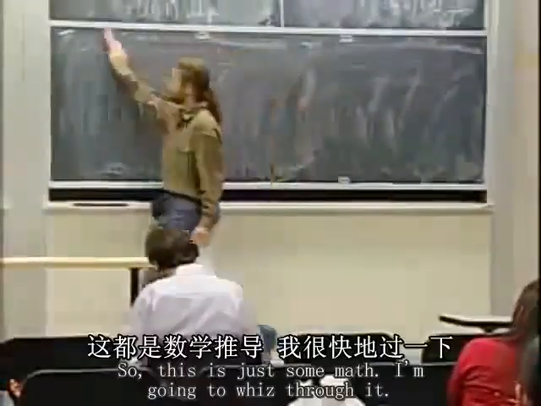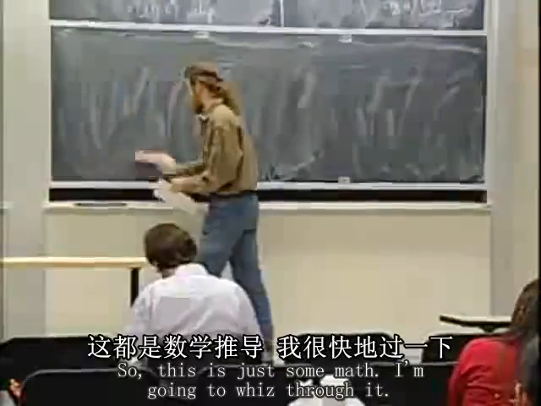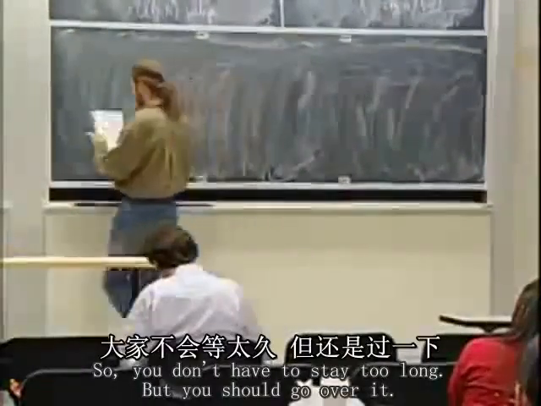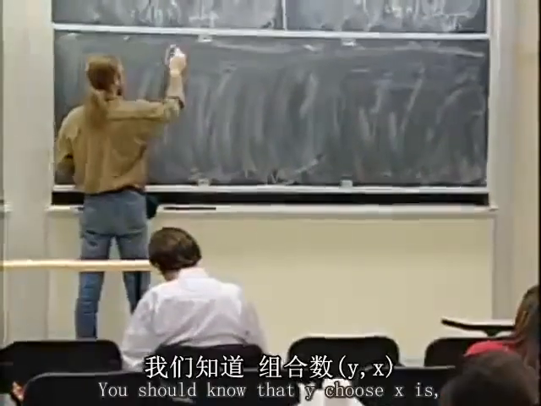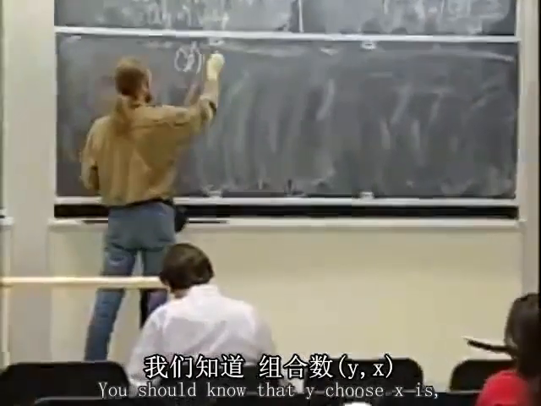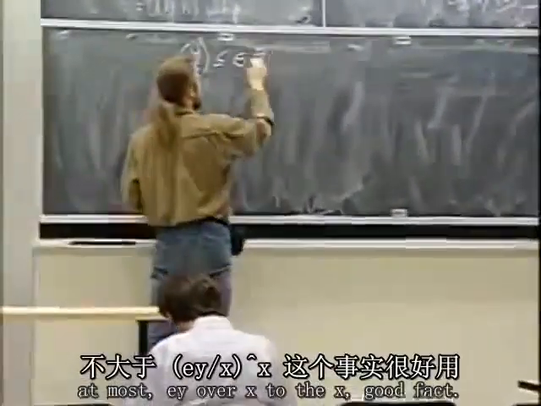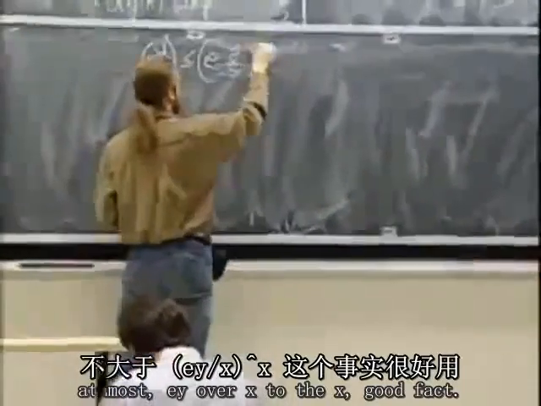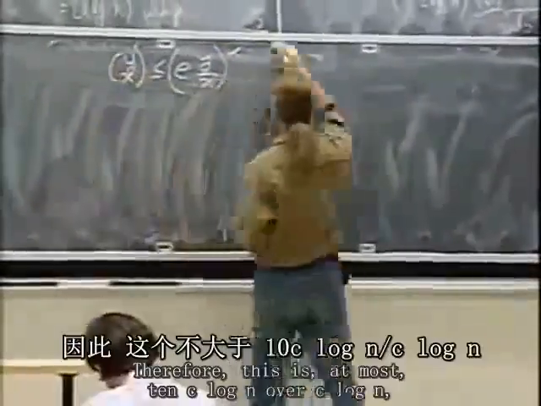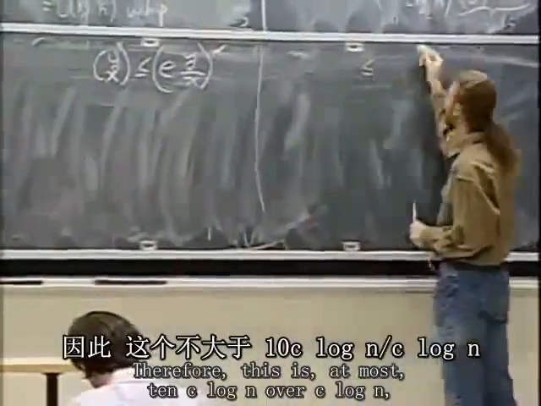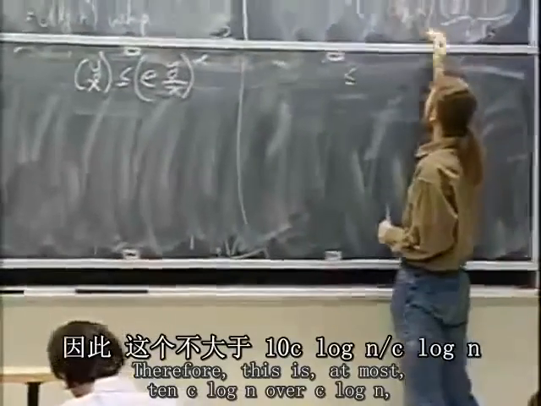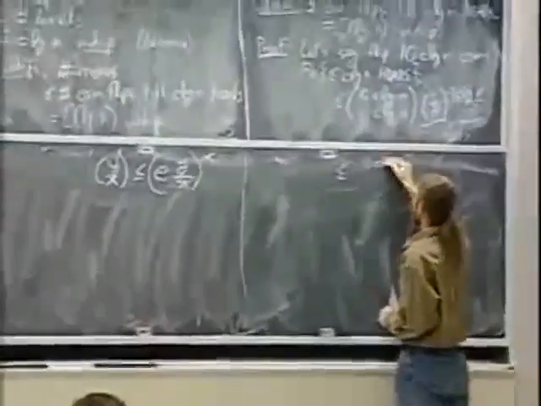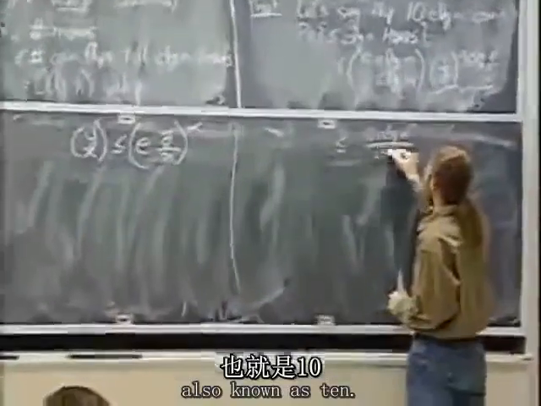So this is just some math, and I'm going to whiz through it, so you don't have to stay too long, but you should go over it. You should know that y choose x is at most e y over x to the x. Good fact. Therefore, this is at most 10 C log n over C log n, also known as 10.